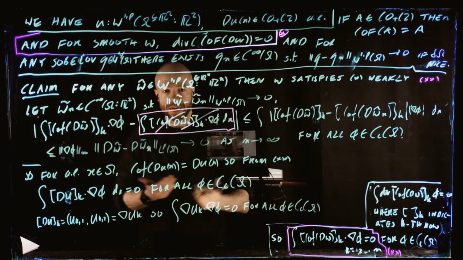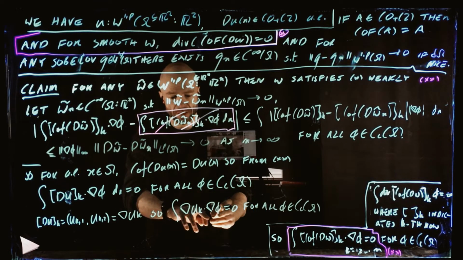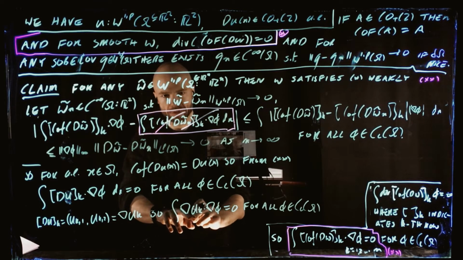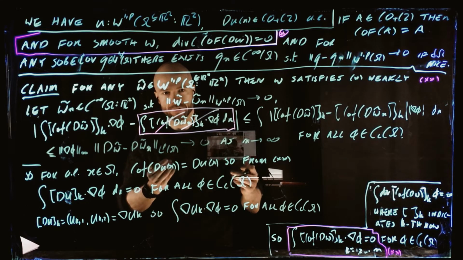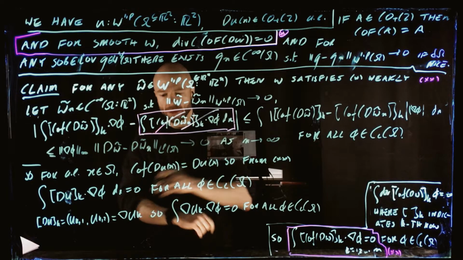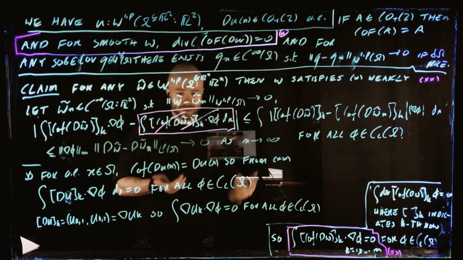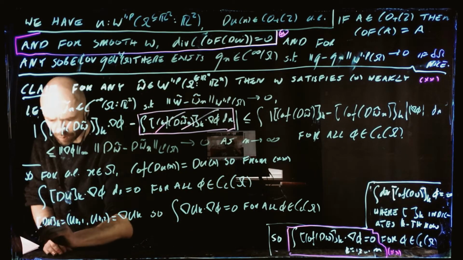And that is exactly the statement of being weakly harmonic. If this was smooth and we could integrate by parts, that would say that the Laplacian applied to u_k times the test function equals 0, right? That's exactly the weak form. Everybody with me? And that is what I told you was the hypothesis for Weyl's lemma.